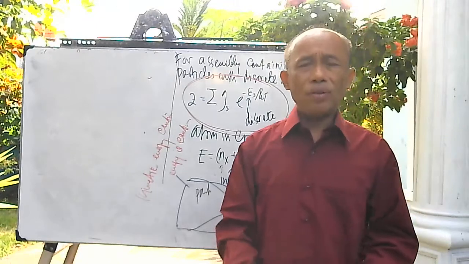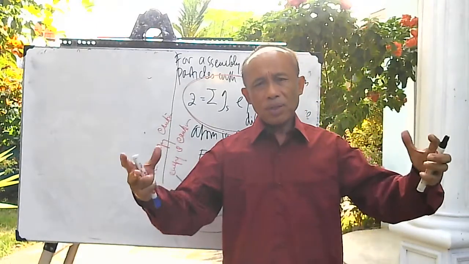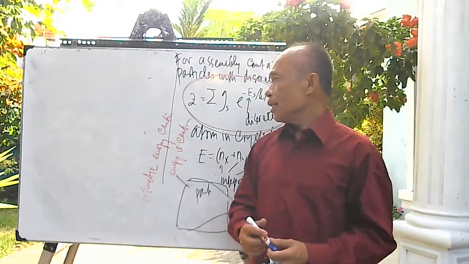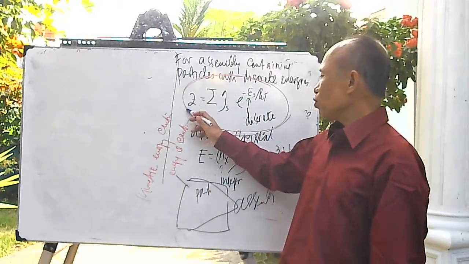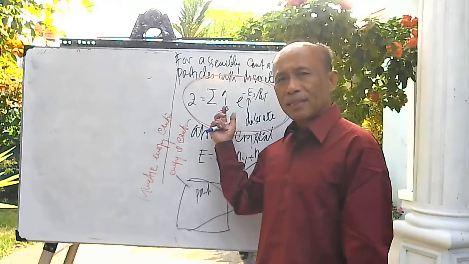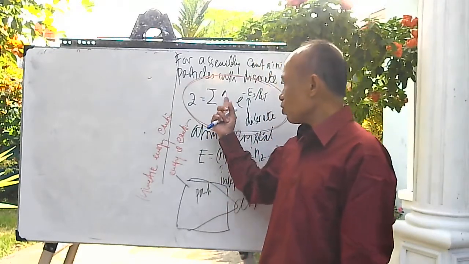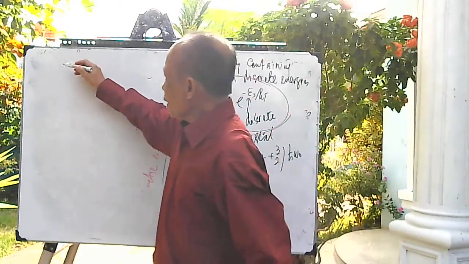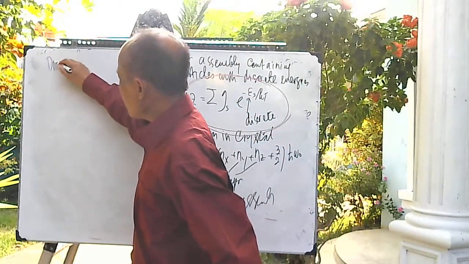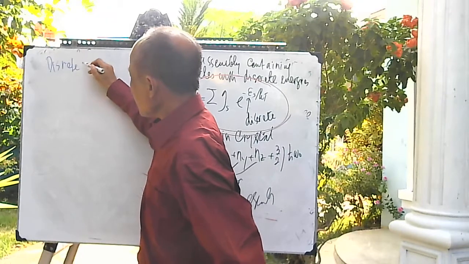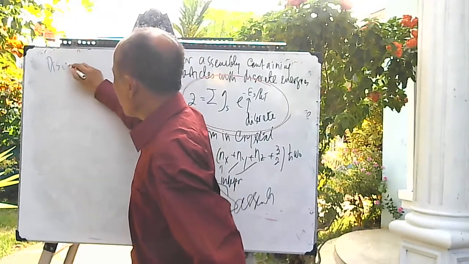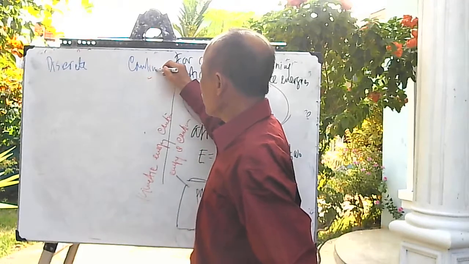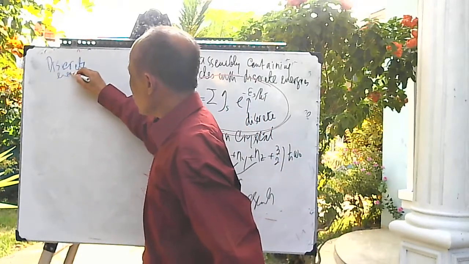So, in the case of an assembly containing particles with continuum energy, the summation used for the discrete case is transformed into the integral form. This is for discrete, and this is for continuum energy or state.